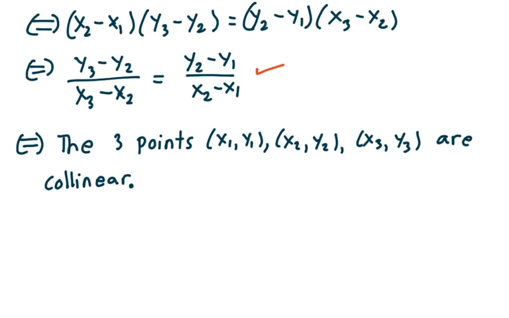And this is true if and only if the three points (x1, y1), (x2, y2), (x3, y3) are collinear. That'll conclude this video for section 2.1, and we did problem 40. This is a bit of a brute force method. Okay, thank you.